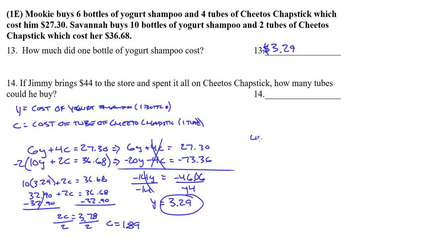We're going to take 44, divide that by 1.89 to see how many full tubes he can get. 44 divided by 1.89 gives us 23.28. Obviously, this decimal part doesn't matter because you're not going to buy 0.28 of a tube, so you get 23 tubes of Cheeto chapstick, which is 23 tubes too many. Okay?